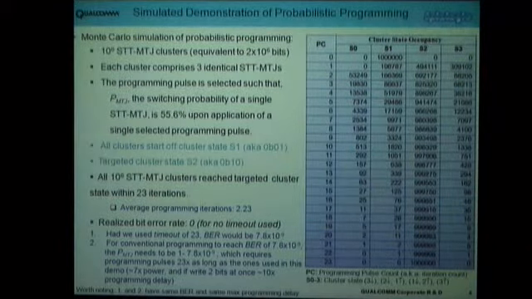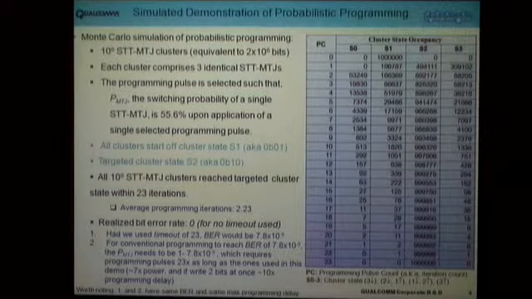Here we show you an example of probabilistic programming in action. In this example we use Monte Carlo simulation of 1 million STT-MTJ clusters, and each cluster comprises 3 identical STT-MTJs.